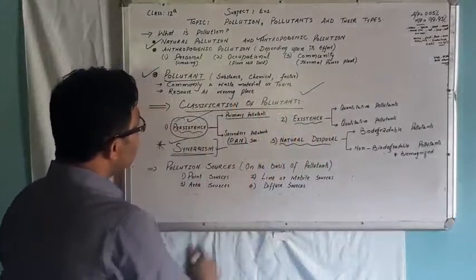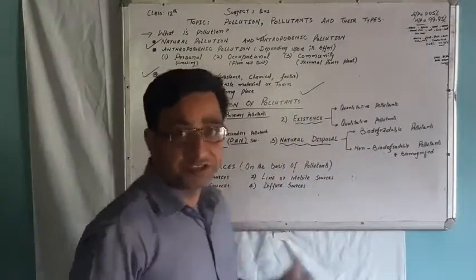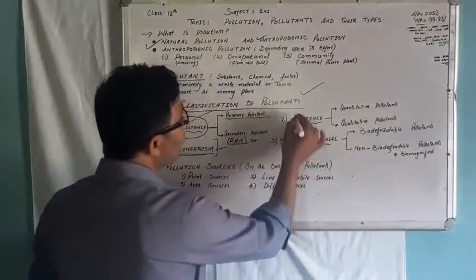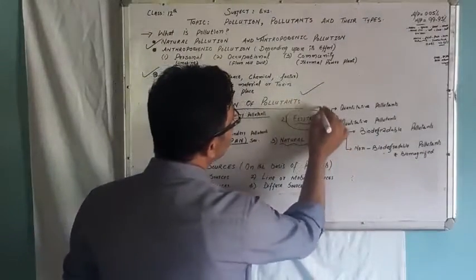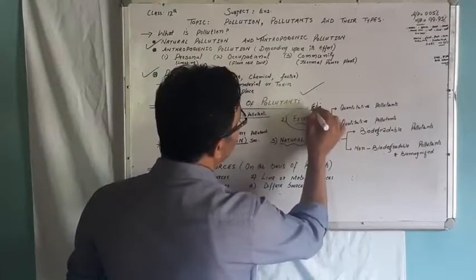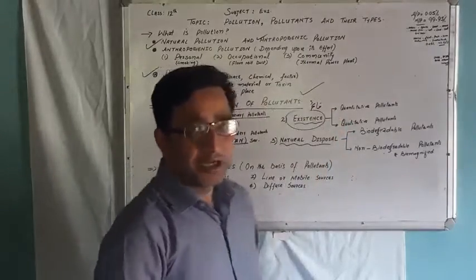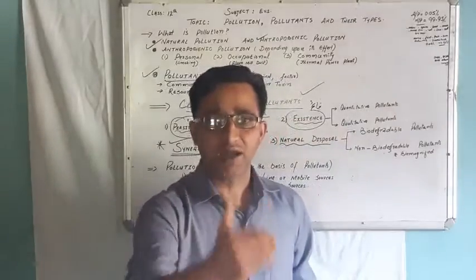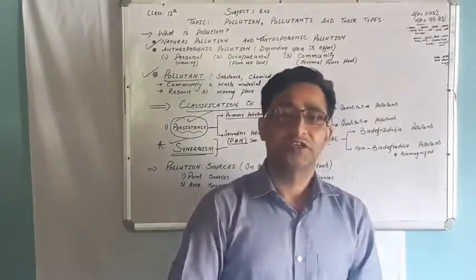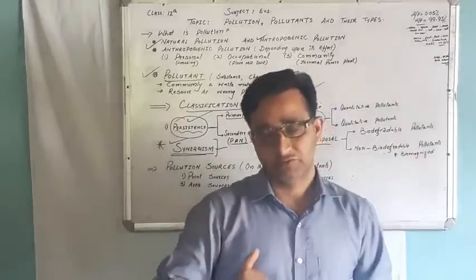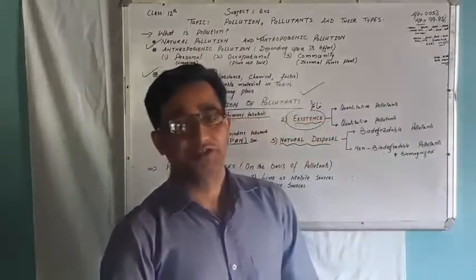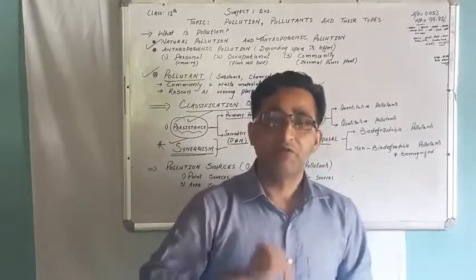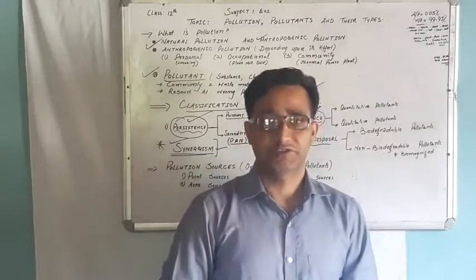Now, this was the first criterion, that is persistence. Now, on the basis of existence, you know, कैसे ये कायम होते हैं environment में. Depending upon the existence, how they exist in the environment, the pollutants are of two types. One is known as quantitative pollutants and the second is qualitative pollutants. Now, what are quantitative pollutants?